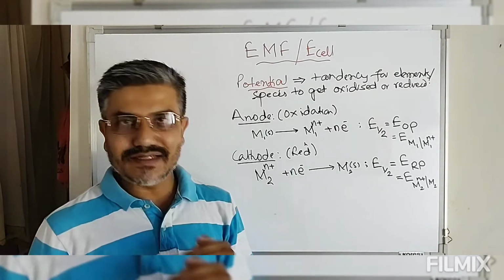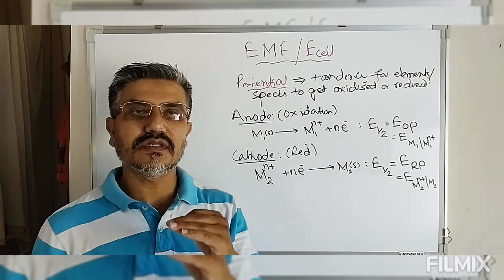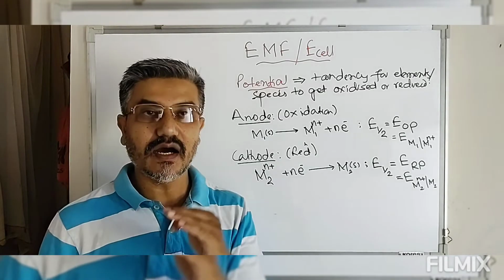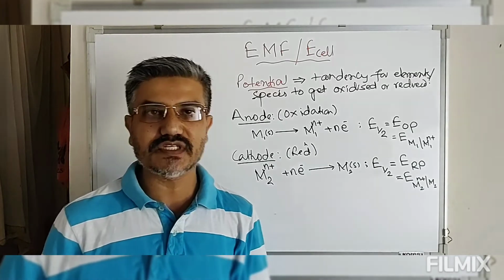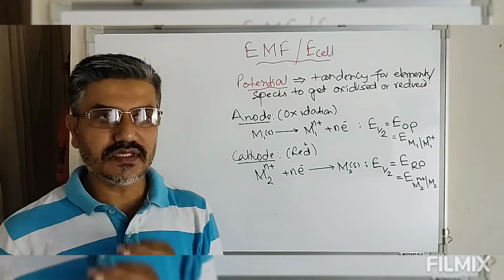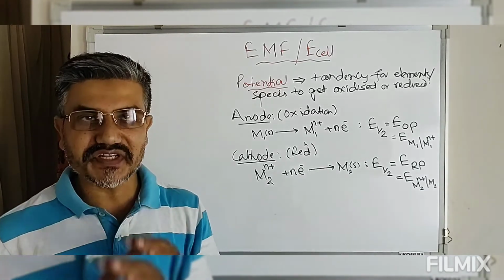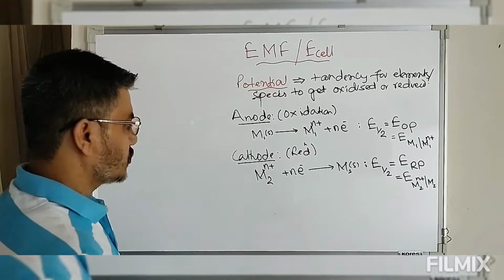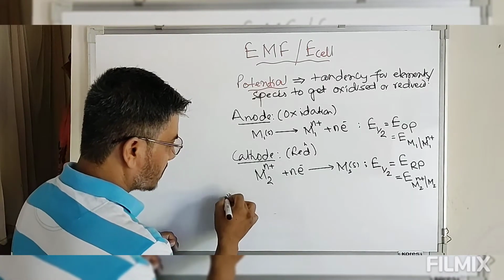Now in literature, the values of various half cells or electrode processes that are measured, all these values are measured in terms of reduction potential. So please note it.